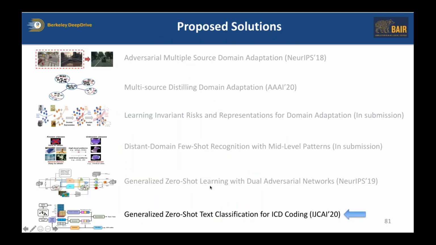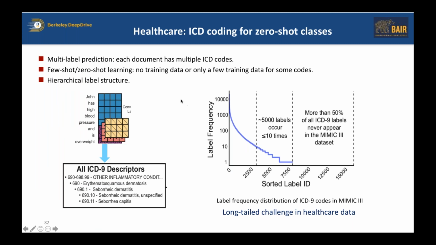With this generalized zero-shot learning mechanism, we can also solve the text classification problem in the medical domain. Actually, in the healthcare domain, it's really hard to obtain a lot of training samples.